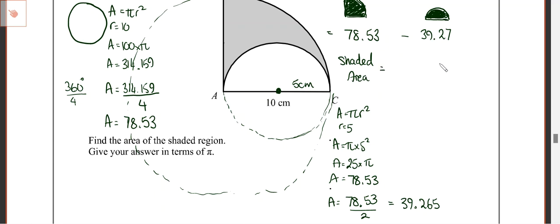What do we get? 39.26. So 27 then, yeah?